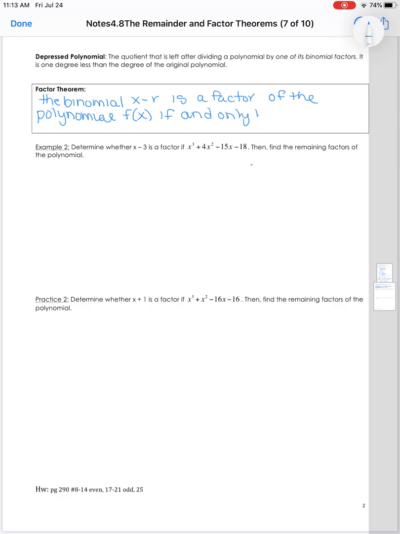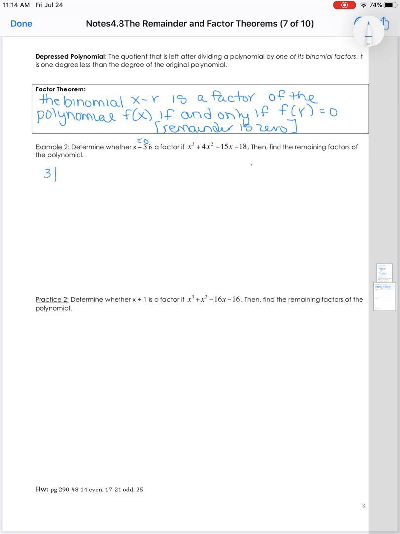It says the binomial x minus r is a factor of the polynomial f of x if and only if f of r is equal to 0, which means that the remainder is 0.